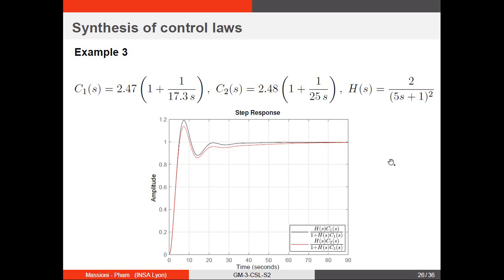Step response also doesn't change a lot, but we got what we wanted. So this is the response to a unit step. Eventually it goes to 1 exactly, so 0 steady state error, which is what we were asked in the beginning.